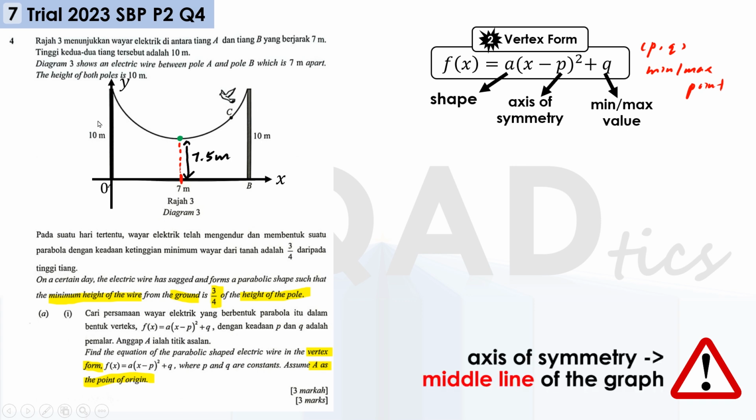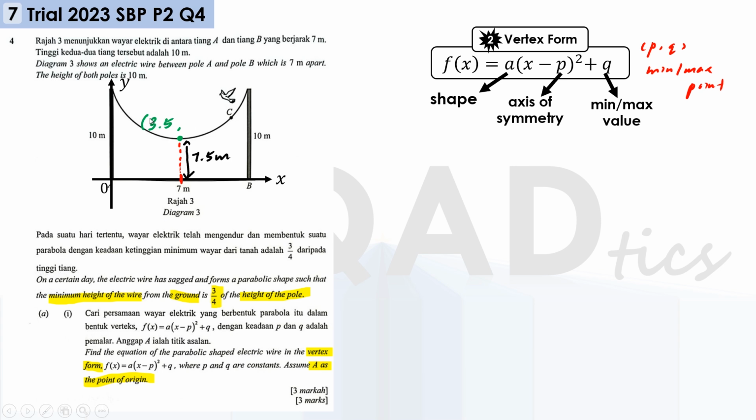We also know the distance between the two poles is 7 meters. So from the 7 meters, we just find the midpoint, which is 7 divided by 2, so our x coordinate would be 3.5.